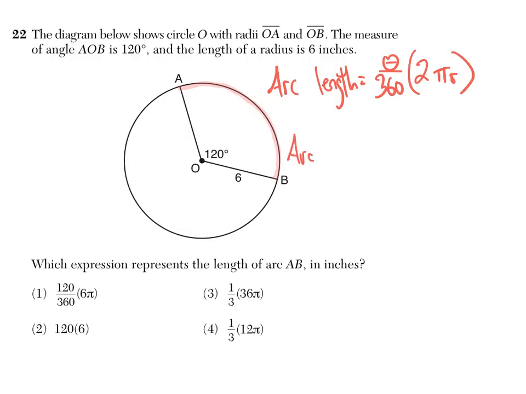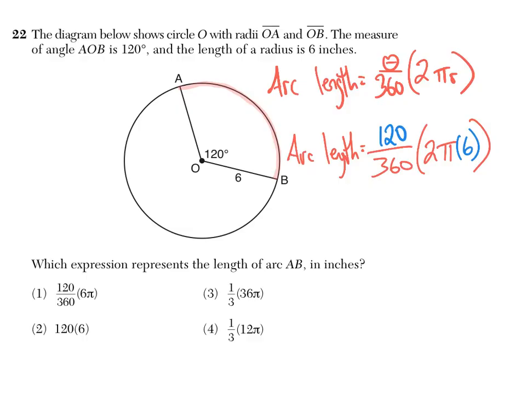So the arc length is equal to how many degrees in this central angle? I can see that it's 120, so it's going to be 120 over 360 times 2 pi, and what's the radius? It's 6, right?